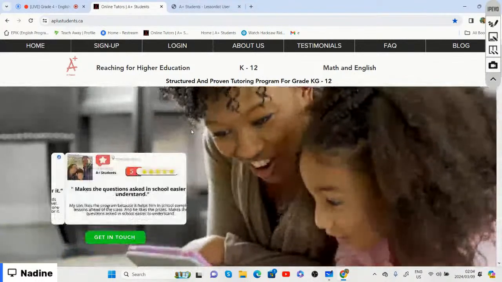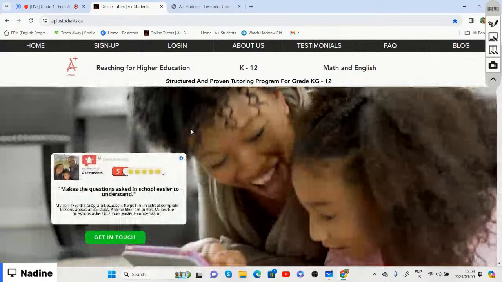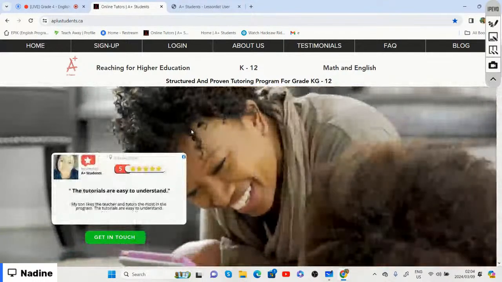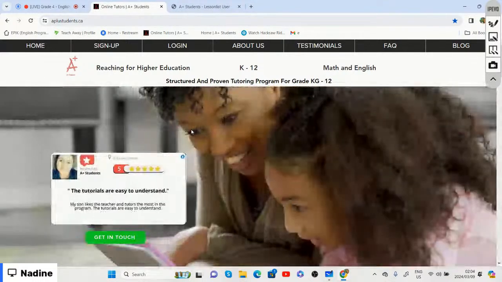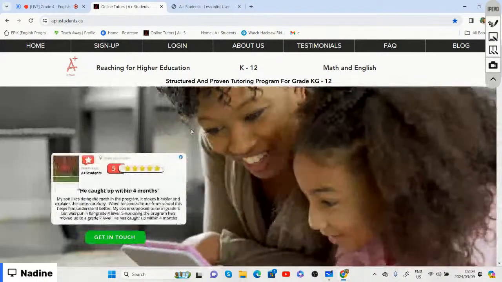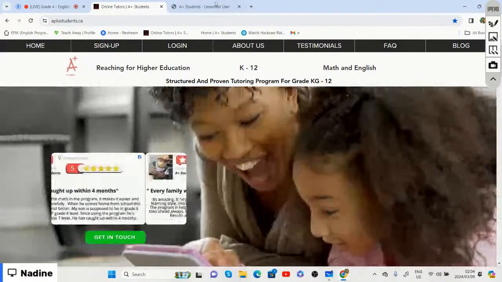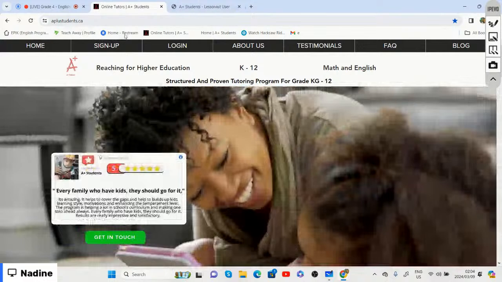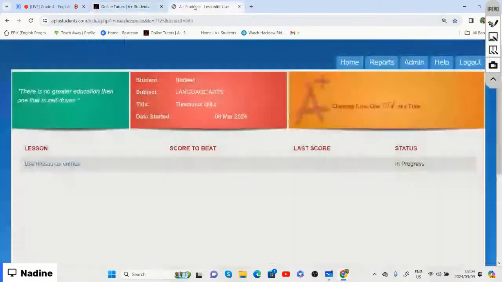We're going to select the subject of language arts, grade 4, and then scroll down until we get to the chapter of thesaurus skills. So we are doing thesaurus skills.